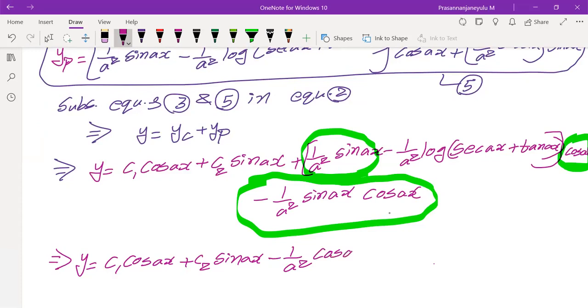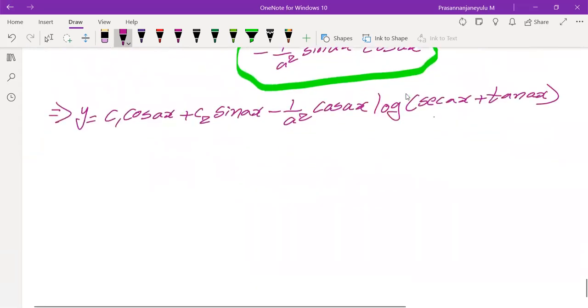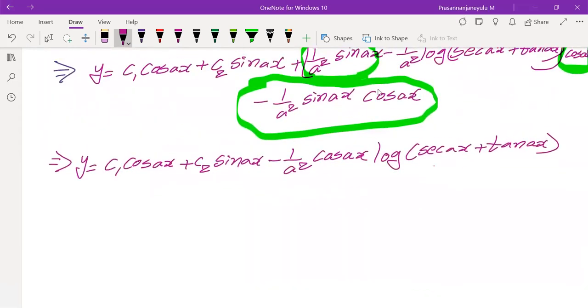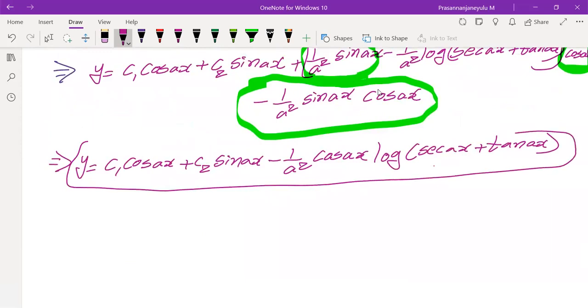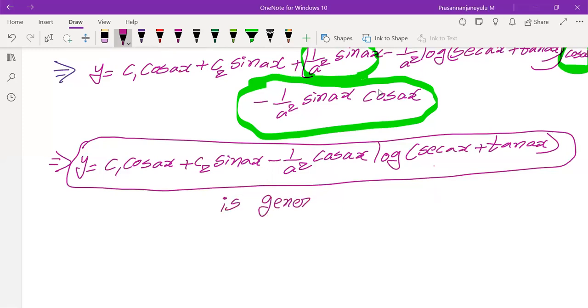Minus 1 by a square into cos ax into log of secant ax plus tan ax. This is the general solution of our given differential equation. The equation is simple, given d square y by dx square plus a square y equals tan x, but the solution is a lengthy one, and the process is also a little bit lengthy.